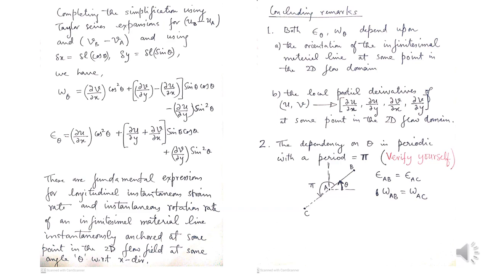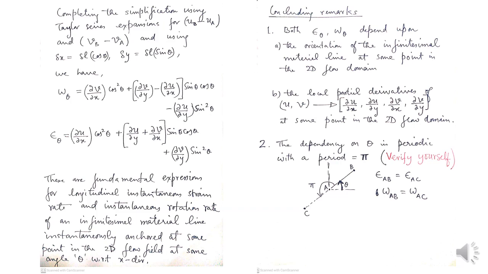Okay, so this is where I would like to conclude this second lecture of mine, and we'll pick up in the third lecture by discussing more on these results that we have got. And of course, one shear strain rate for which we have not yet evolved the expression.